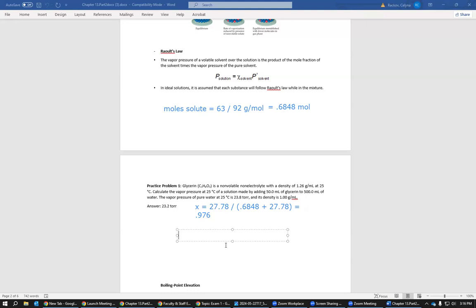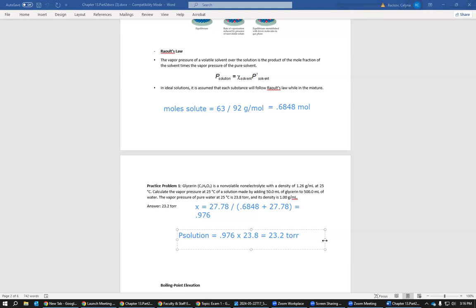So the vapor pressure of the solution is equal to the mole fraction, 0.976, times the pressure of water, that is in here, 23.8 torr. So times 23.8, you have 23.2 torr.